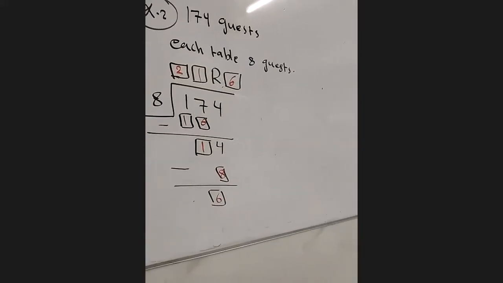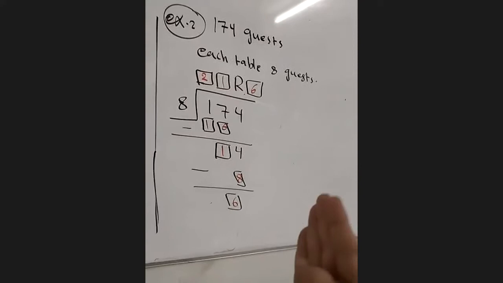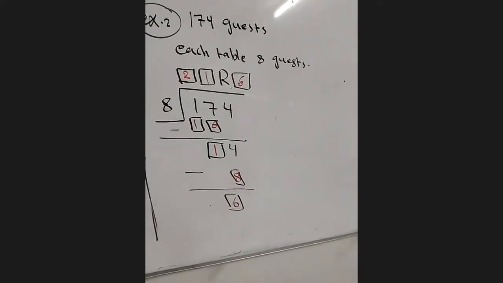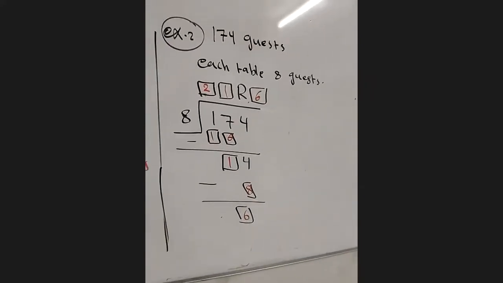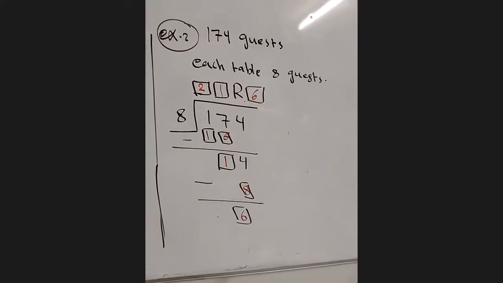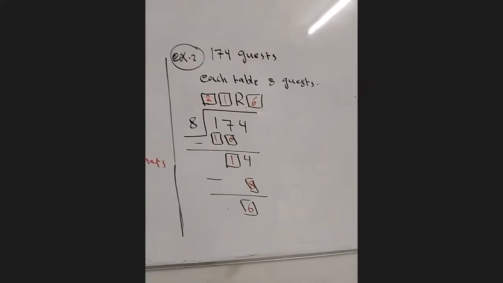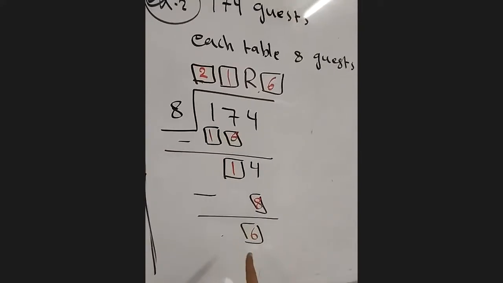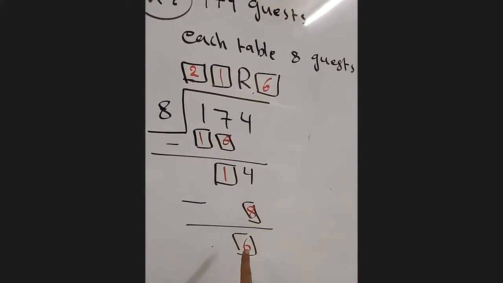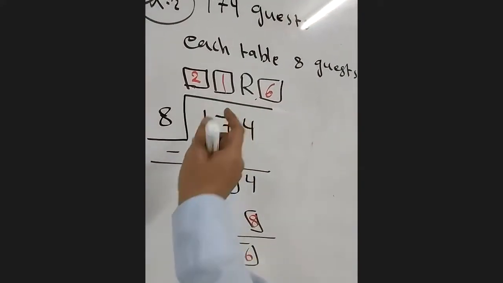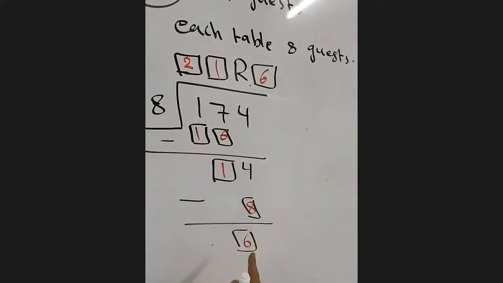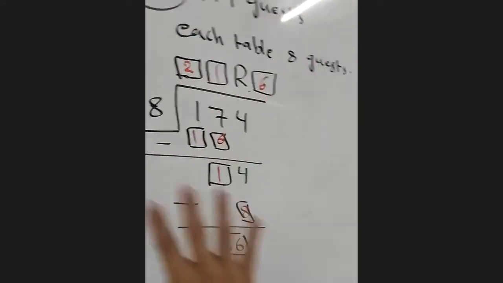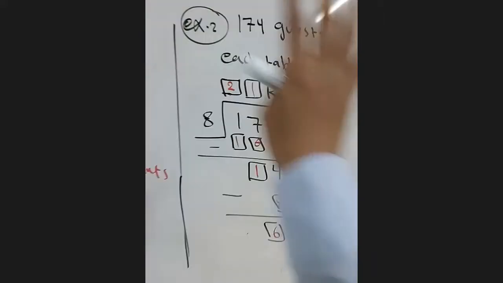Is it good to keep them standing or bring another table for them to sit on? To bring another table. So we have 21 tables for the 8s, but still 6. I need another table. So how many tables do we need in the whole process?